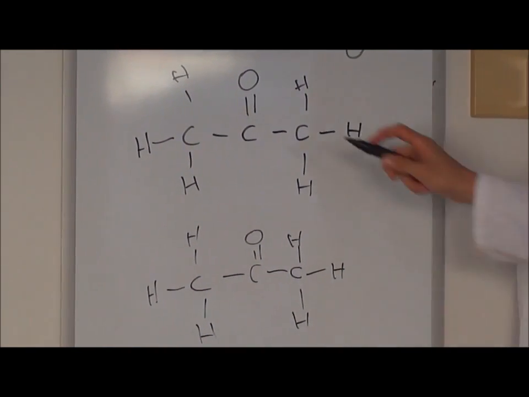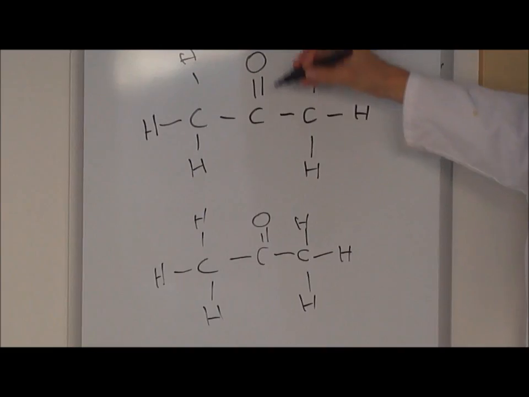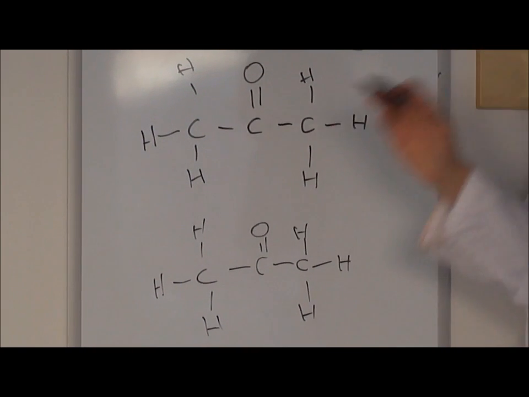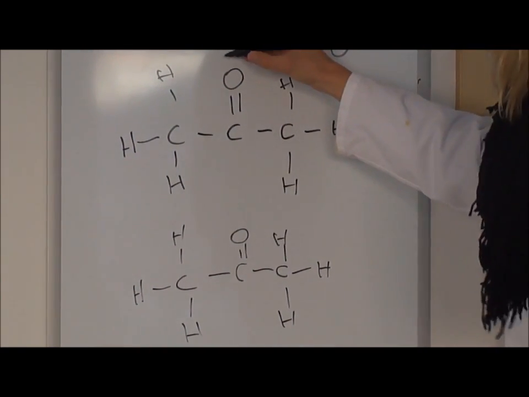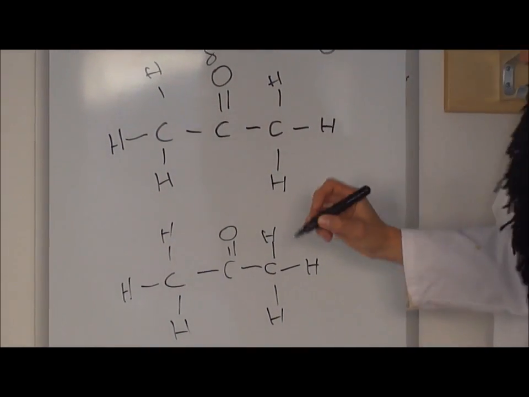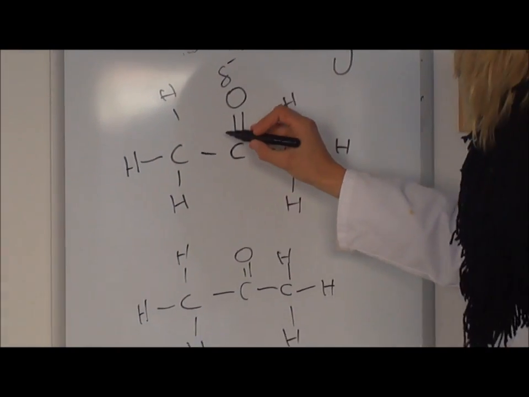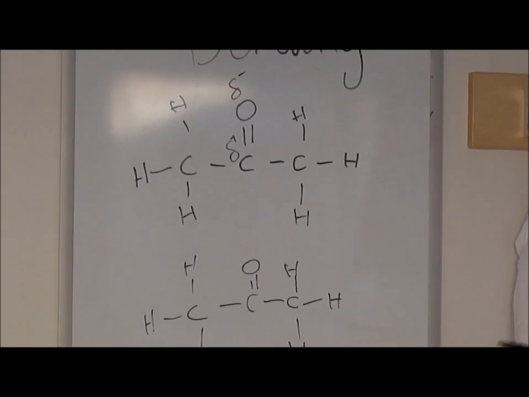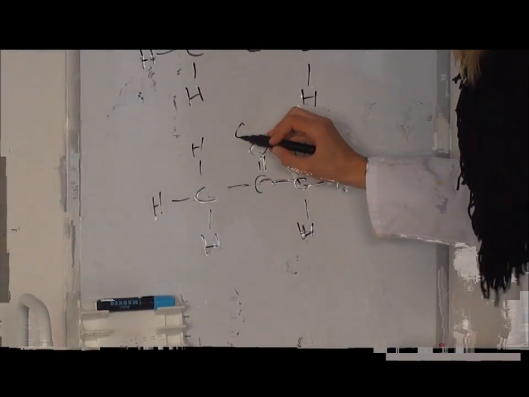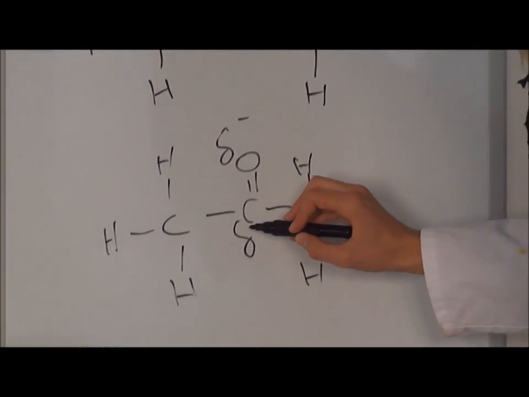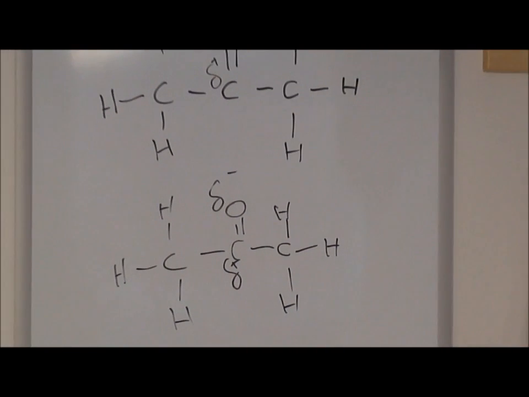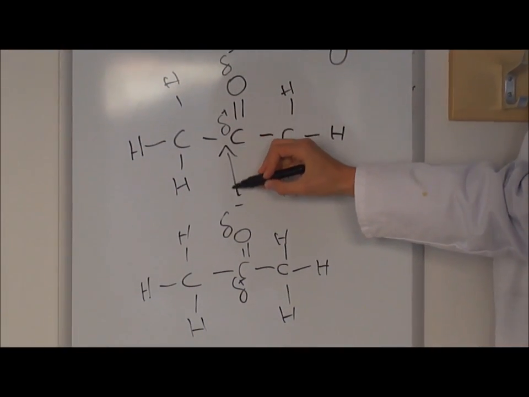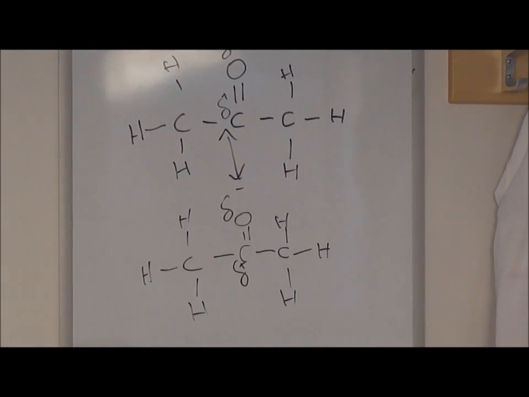Because of electronegativity, the attraction of the shared electrons is stronger for the oxygen than the carbon. Therefore, it has a negative charge, and this carbon has a positive charge. This then happens again in the same propanone as here. So, with this in mind, these two then attract like so, creating what's known as a polar attraction.